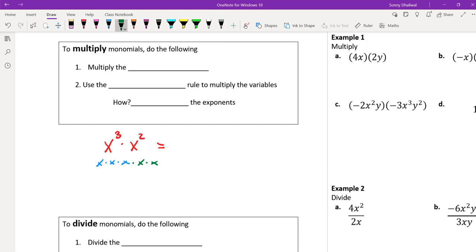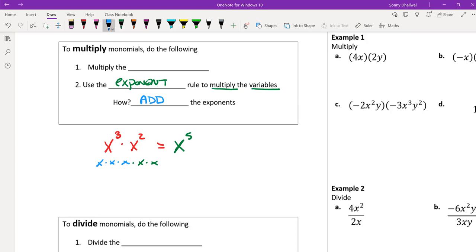The base stayed the same. And what's the exponent? 5. Right? So if you are multiplying variables, we use the exponent rules to multiply the variables. And what the rule is, we add. Right?